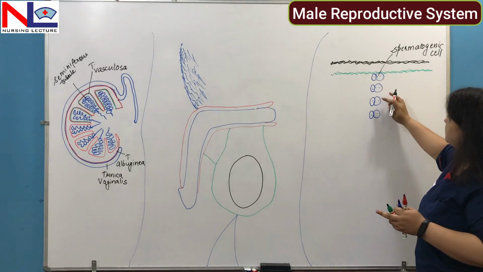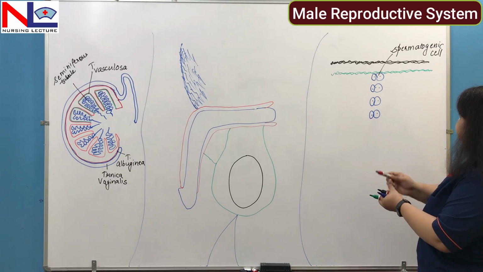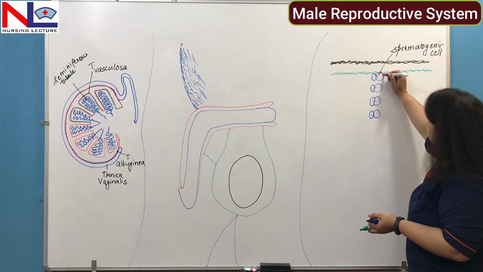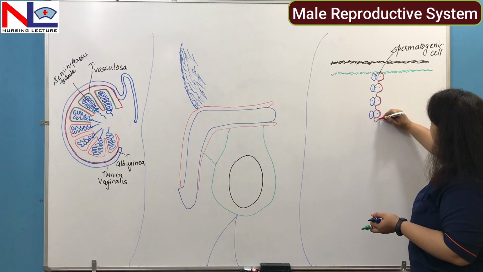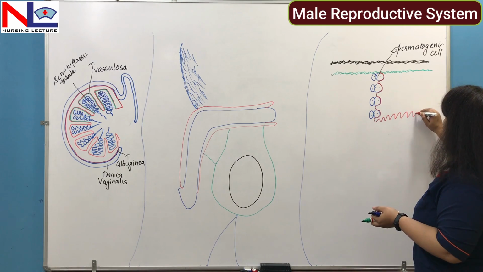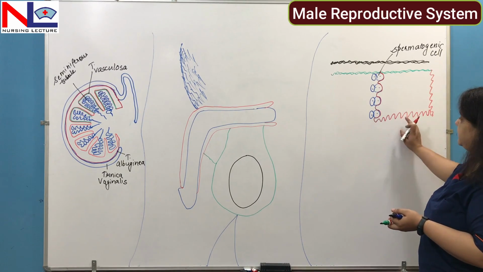Okay, so these are the spermatogenic cells which lie within the wall, and the other cells are embedded within the wall, and they are tall columnar cells extending from the basement membrane till the lumen.